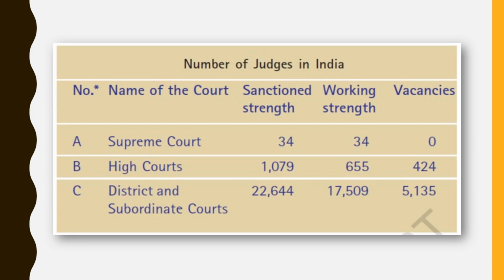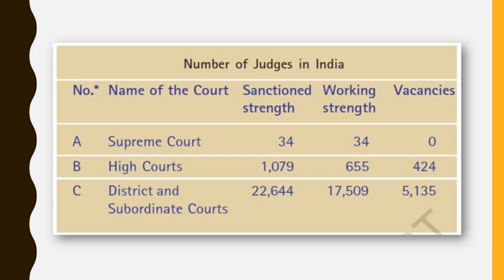We can see here the Supreme Court sanctioned judge strength is 34 and the working strength is also 34. It is equal. But if we talk about High Court, the sanctioned strength is 1079, but the working strength is 655, and we have vacancies of 424.